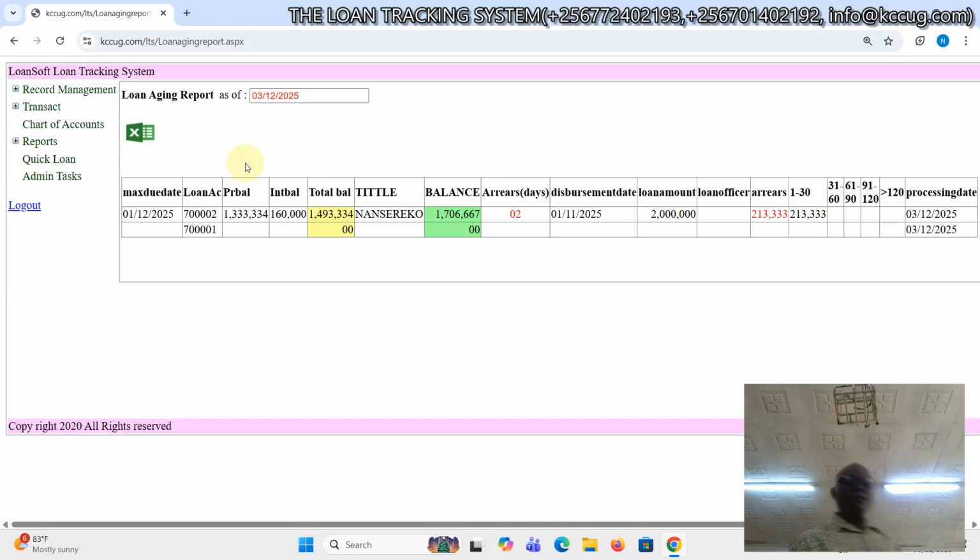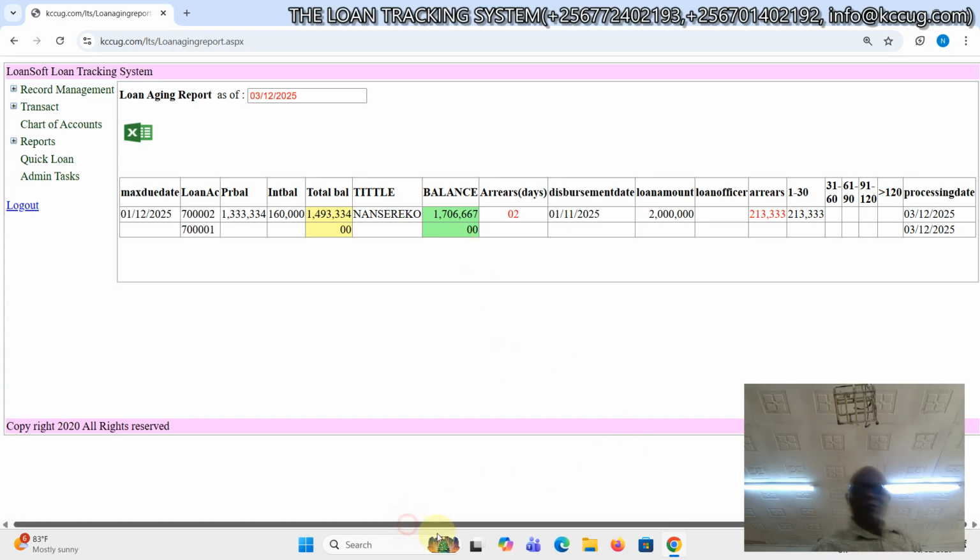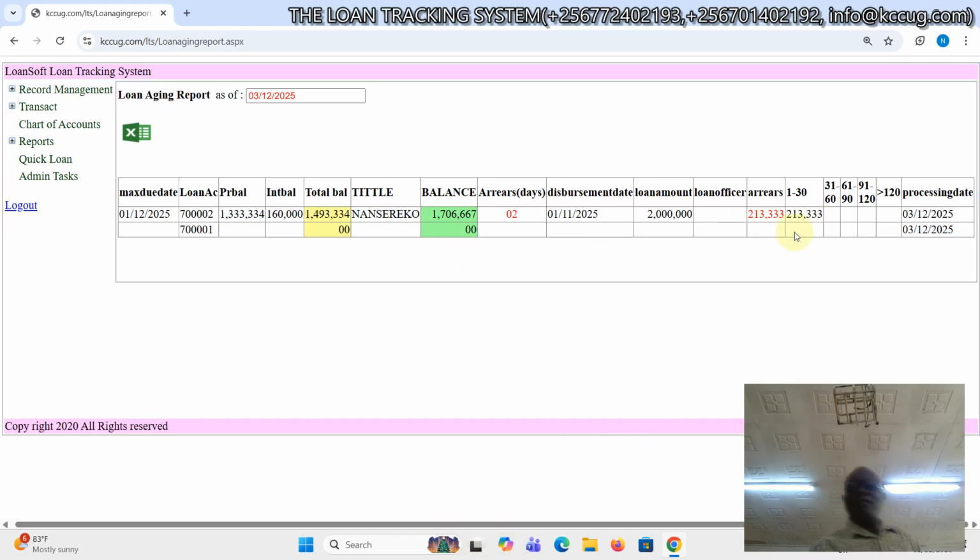When you generate this report, we are now left with Nancy, because Sentongo is done and he has no problem. When we look at Nancy Rico, the computer here is telling us that Nancy Rico is in arrears by 213,000, not yet recovered.